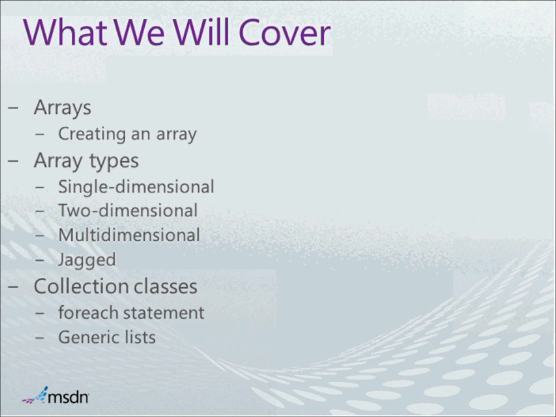A collection class is great for storing those disparate types of objects, and then using things we've already learned, like the foreach statement, to iterate over the collection and process each item individually. We'll wrap up today's session by taking a look at generics and how they can help us increase the performance and reliability of our applications.